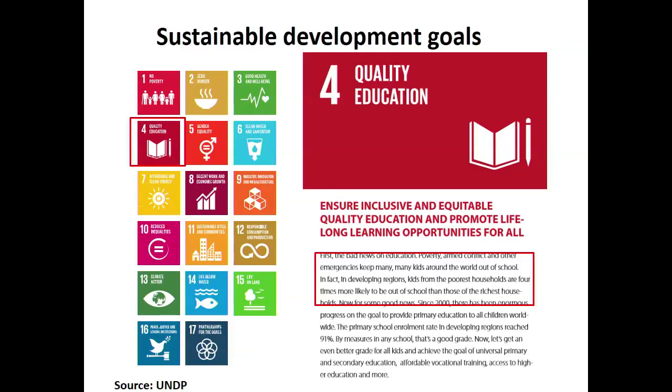If you look at what was in red there, that is now in green. It says the bad news in education is that poverty, armed conflicts and other emergencies are taking many kids out of school. And it says that in developing regions, kids from the poorest households are 4 times more likely to be out of school than those from the richest households.